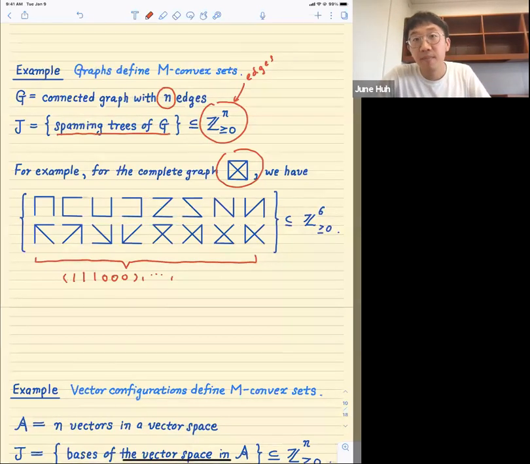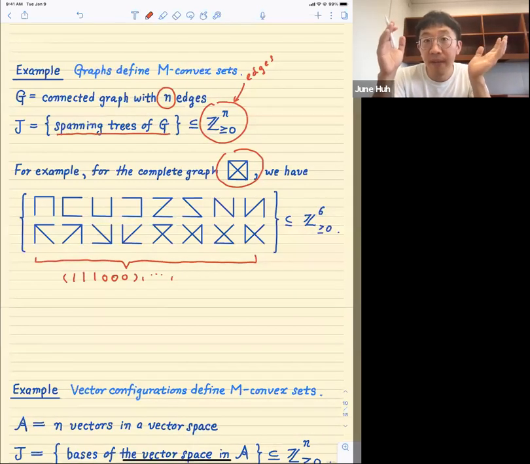And the claim, which is non-trivial if you don't know matroid theory, is that this collection of 16 lattice points is an M-convex set. So its convex hull is a generalized permutohedron, and the 16 vectors are the set of all lattice points in its convex hull.